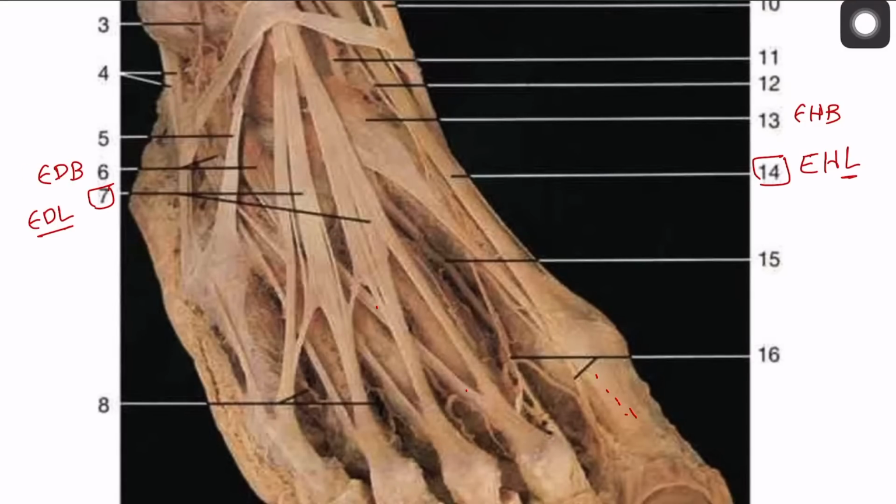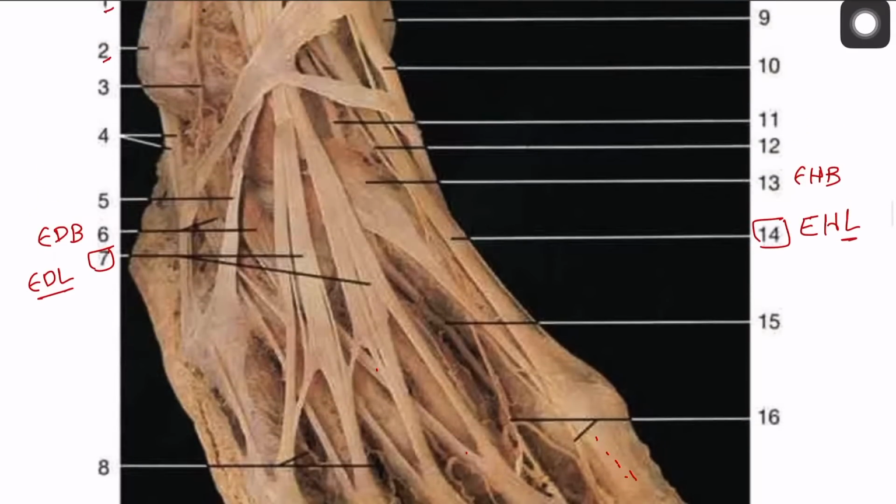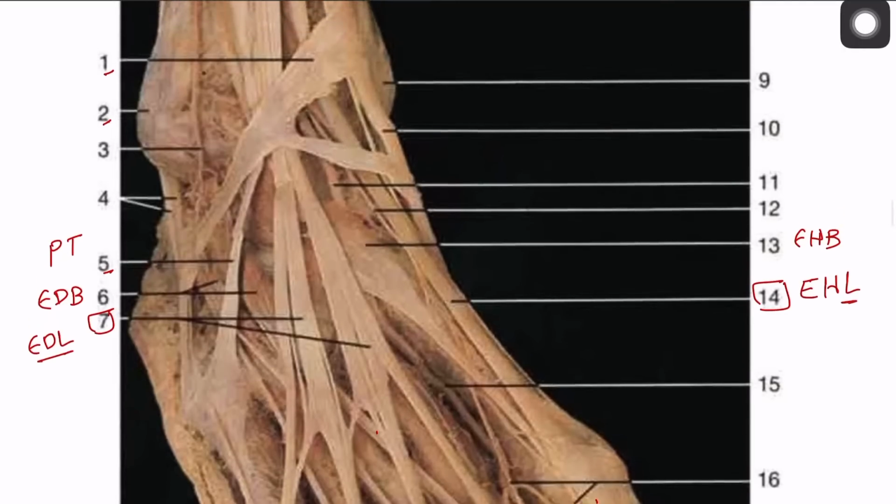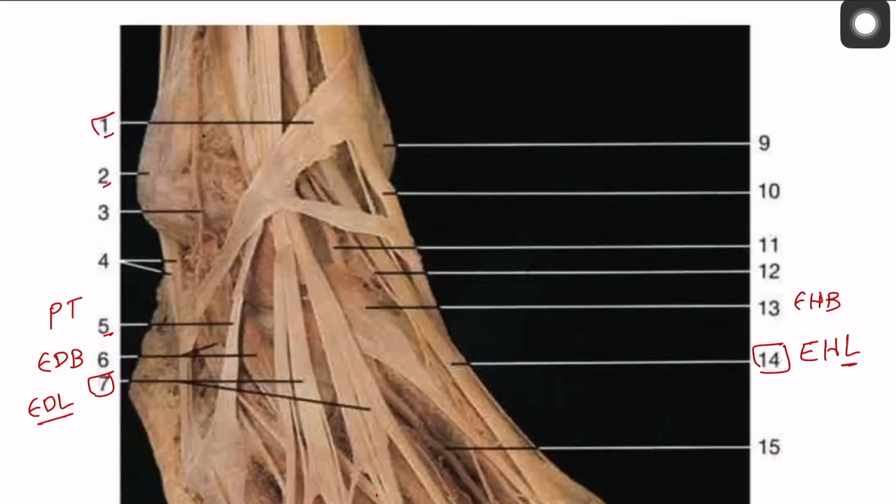These are most of the muscles in here, but we do have number 5, the peroneus tertius. It comes from the front of the tibia and will insert into the base of the fifth metatarsal on this side. Number 1 is the retinaculum, holding all these muscles in place to make sure they don't mobilize.